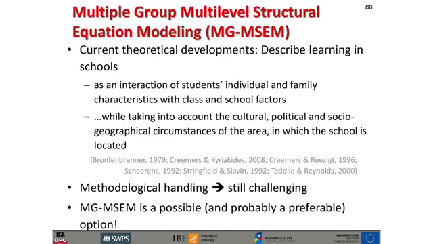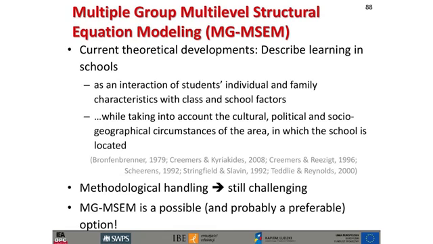Of course, interaction can only be tested in longitudinal studies, but at least with this multi-group, multi-level structural equation modeling, we can have those diverse levels and different factors included. And we can take into account the cultural, political, and socio-geographical circumstances of the area in which the school is located. Of course, this depends on the variables available in the study. But in general, the method would allow for that.